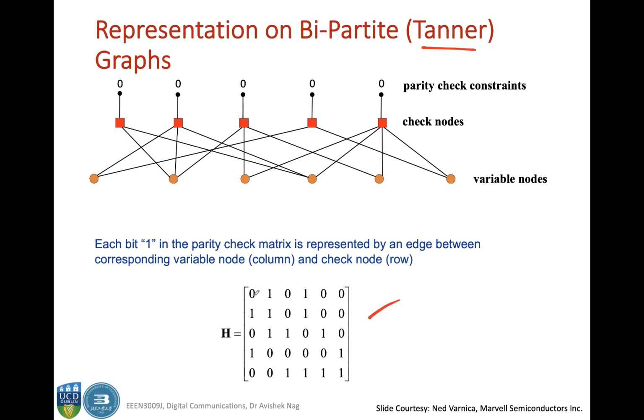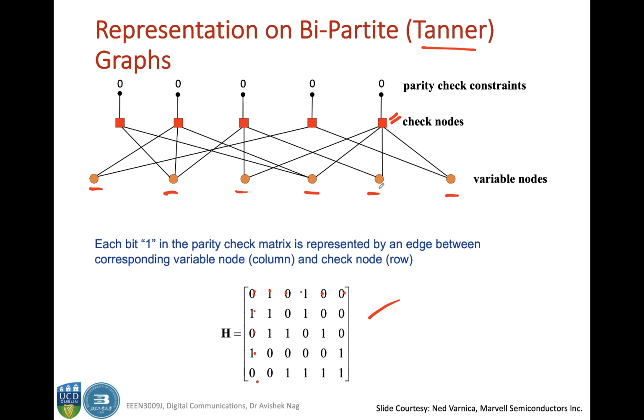Here we have 1 2 3 4 5, so there are 5 rows, therefore we have 5 check nodes here. And how many columns? 1 2 3 4 5 6. So these represent the variable nodes. So we have 6 variable nodes.